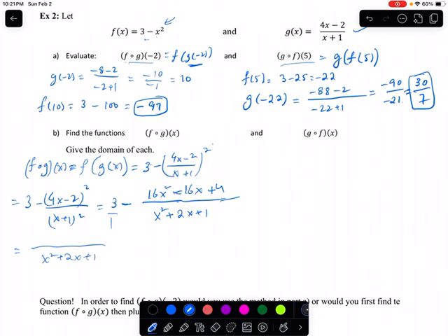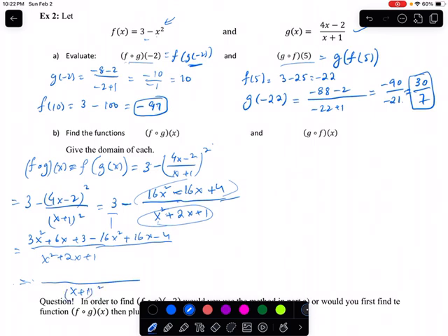And on the top here I had 3, so 3 gets multiplied with this quantity. So you get 3x squared plus 6x plus 3, and then minus this whole quantity up here, minus 16x squared plus 16x minus 4, which is going to give me, so the bottom is the same.